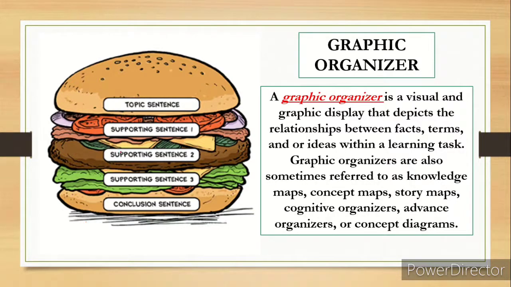So this is an example of a graphic organizer. To be specific, it is an example of a hamburger graphic organizer. So we have here the topic sentence, supporting sentence, 1, 2, 3, then the conclusion sentence.